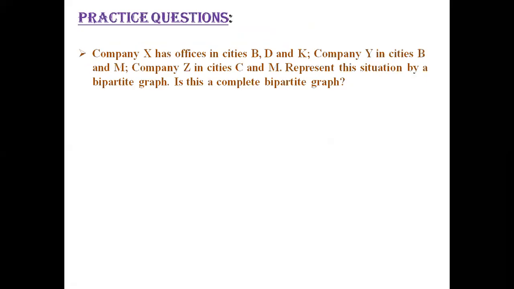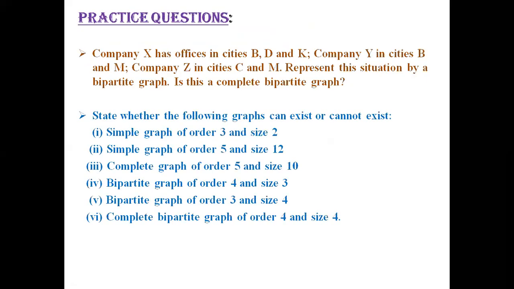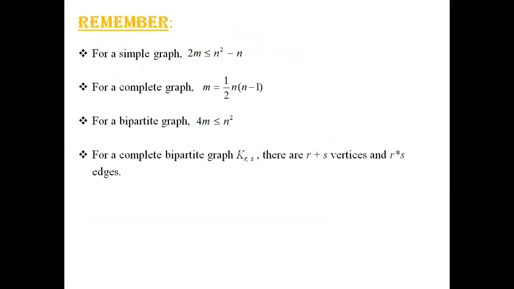So I've given some practice questions. Maybe practicing these problems will help you to have more clarity on the basics of graph theory. We need to remember these expressions in the basics. For a simple graph, we proved the result 2m is less than or equal to n square minus n.